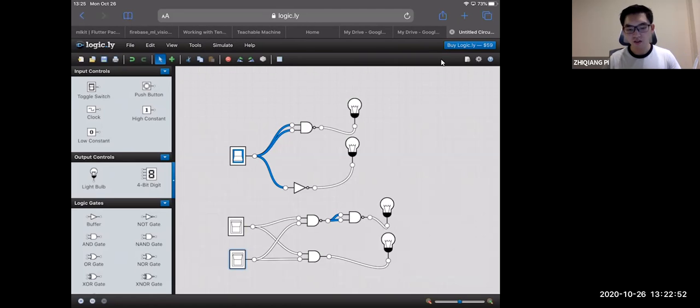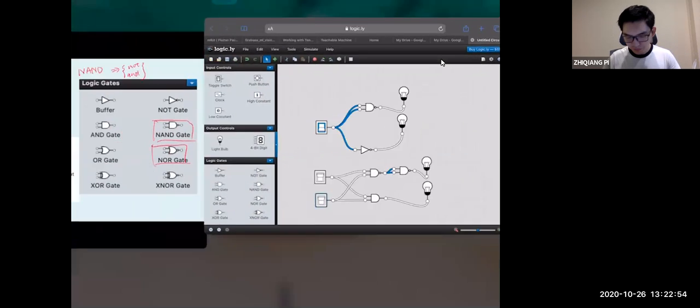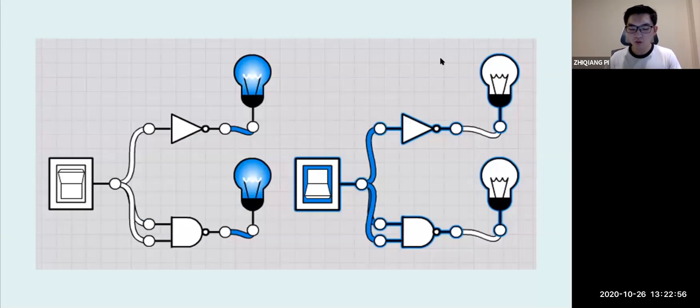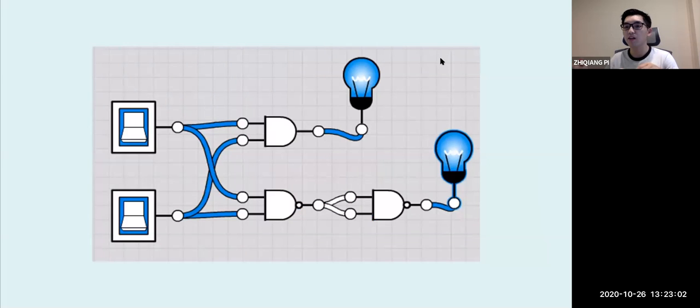But I hope you get the idea. So as seen here, we can use simply the NAND gate to construct the NOT gate and the AND gate, which means that the NAND gate itself is functionally complete. And you can do this with the NOR gate also. I encourage you to try doing that.